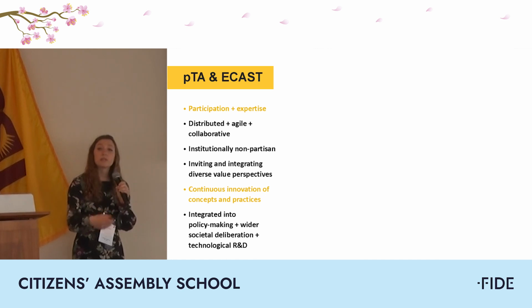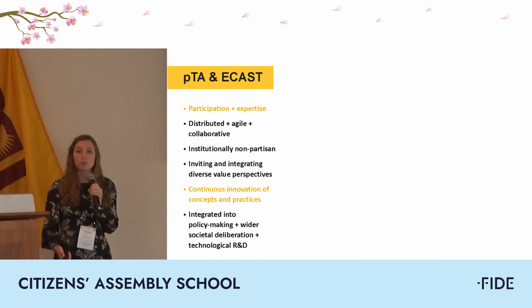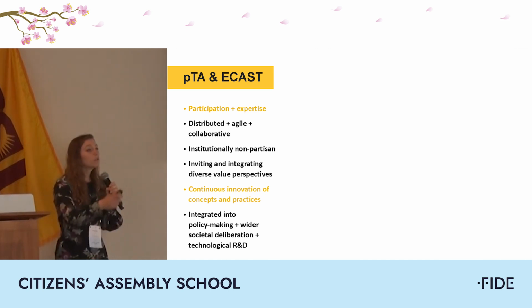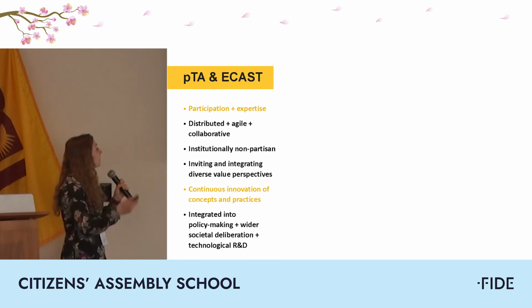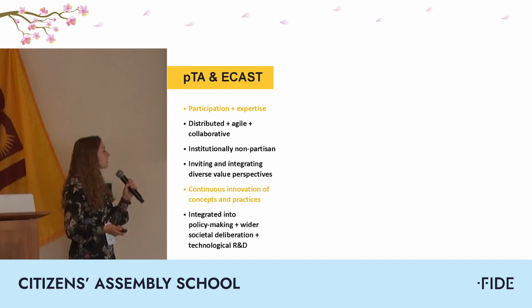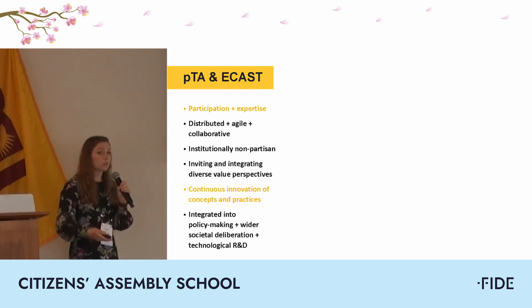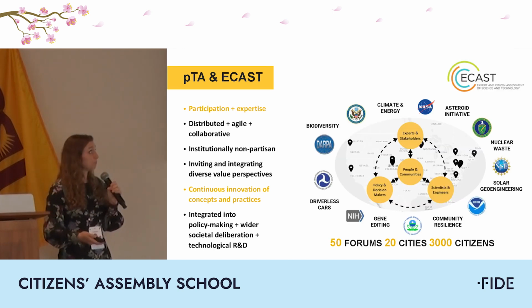So when we go through each of the three phases of PTA that I'll describe later, what goes into each of those three phases is adaptable to the particular needs of the context that we're in. And then finally, we look to integrate policymaking, wider societal deliberation, and technological research and development.